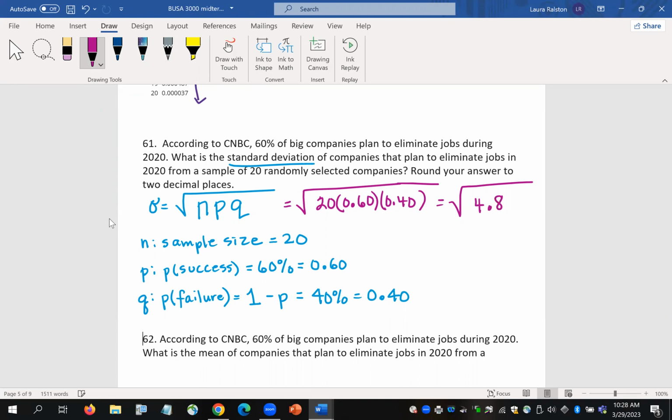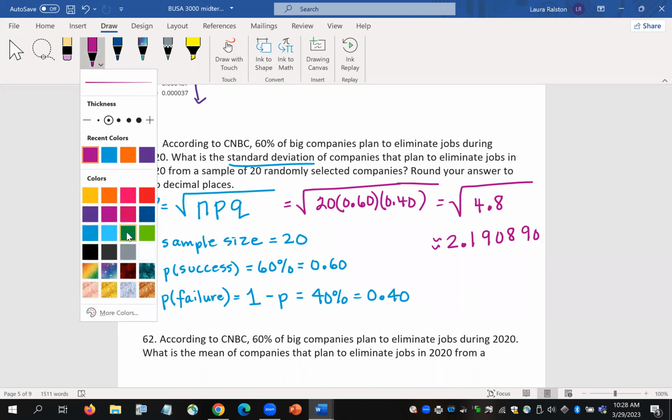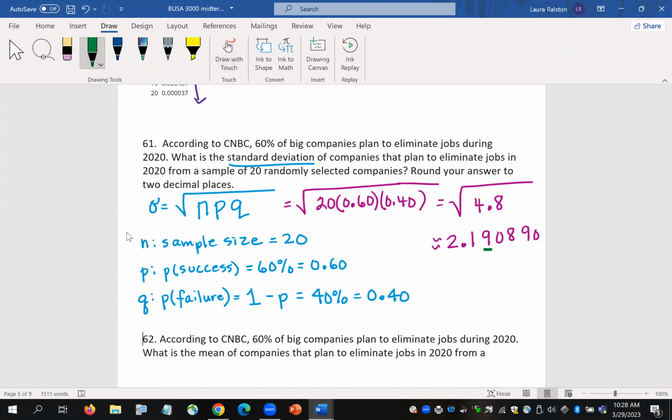And then I'm going to take the square root of 4.8, which gives me approximately 2.19089023. It does ask you to round to 2 decimal places. So the 9 is in the second place, 0 is next door. It does not get bumped up, so it's 2.19.